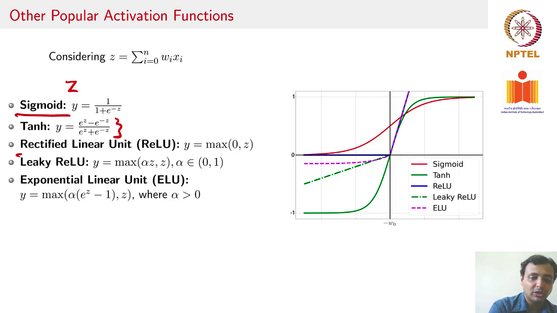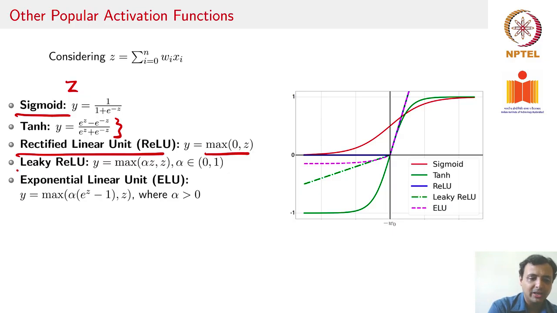There's also an activation function called the rectified linear unit, which is the blue line on this particular graph, given by, if your input is z, the output is max of 0 comma z. So if your input is negative, it would give you 0. If your input is positive, it will give you the value itself. That's a very, very popular activation function.